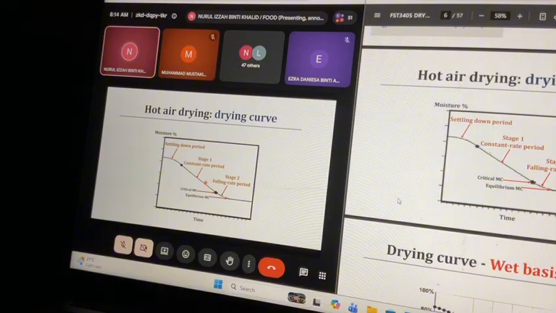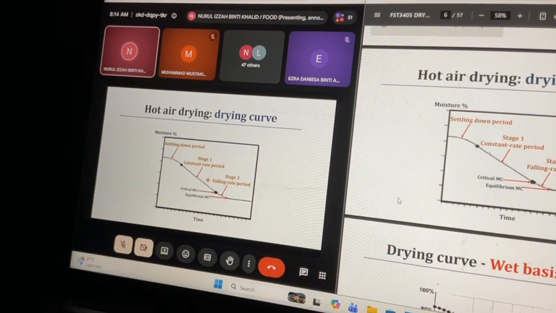This is the time when the moisture diffuses from your food to the surface, where a combination of convection and conduction happens. Remember the keyword: convection is fluid and solid, and conduction is solid.